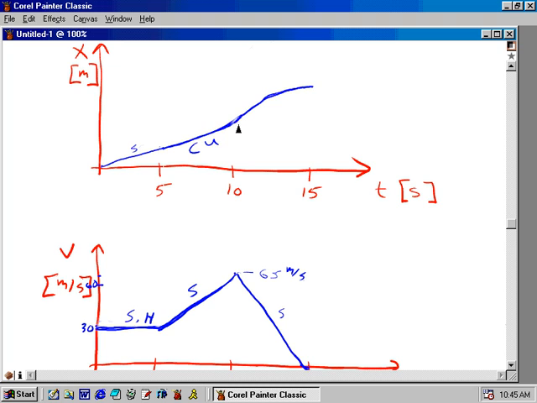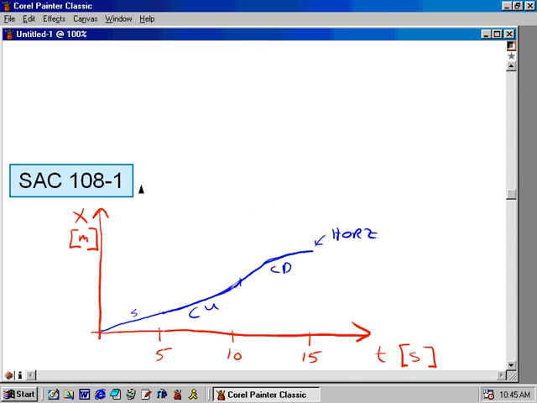Notice no kink here, the slope undergoes no quick change, but it was curving up from there to there, and now it's curving down, and at this point horizontal. This is straight and horizontal. Up here, curve down, coming into 0 slant. And that would be our graph of x versus t.